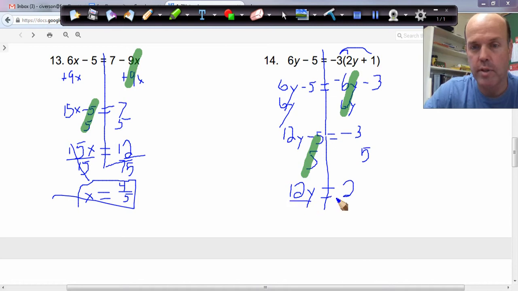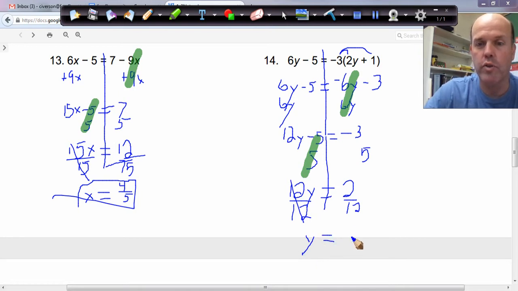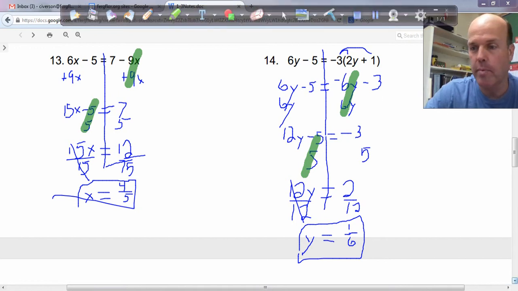Divide both sides by 12. Y is equal to, now if you notice, 2 over 12 are both even numbers, so 2 goes into itself once, and 2 times 6 is 12. Alright. Okay. Scroll down the paper.